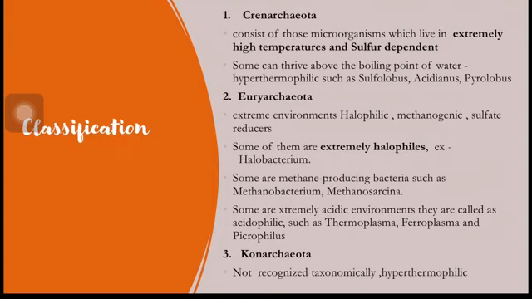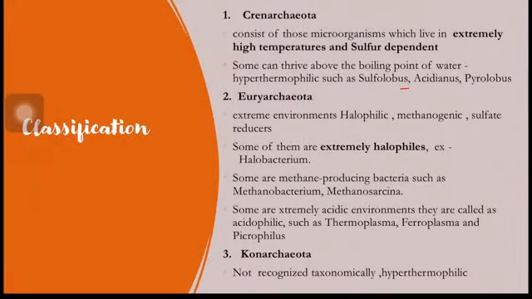Examples of hyperthermophilic organisms are Sulfolobus and Pyrolobus. Pyrolobus fumarii was isolated from a hydrothermal vent of the Pacific Ocean, which can grow best at 105 degrees centigrade and even survive autoclaving temperatures, that is 121 degrees centigrade for about 1 hour.